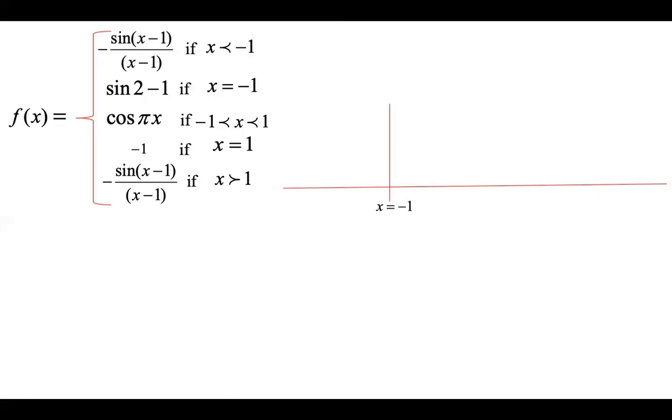So let us trace its graph. x is equal to -1, x is equal to 1. It is not exactly the graph. I am trying to evaluate its left limit, right limit, and checking the continuity and differentiability. So therefore, at x is equal to -1, let me calculate its left limit. Limit of f(x) as x tends to -1 minus, means at x is equal to -1, left limit.